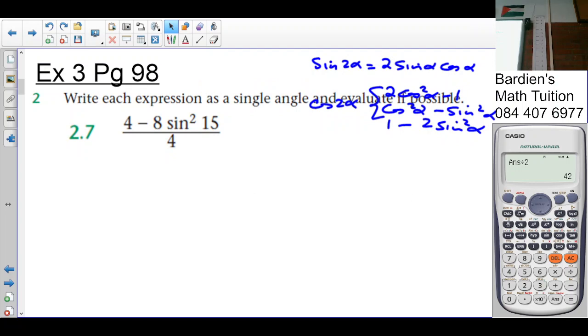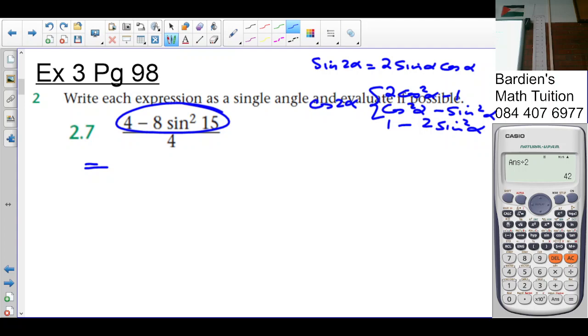What do you notice here? What can happen on top? We got the common factor? Common factor of 4.